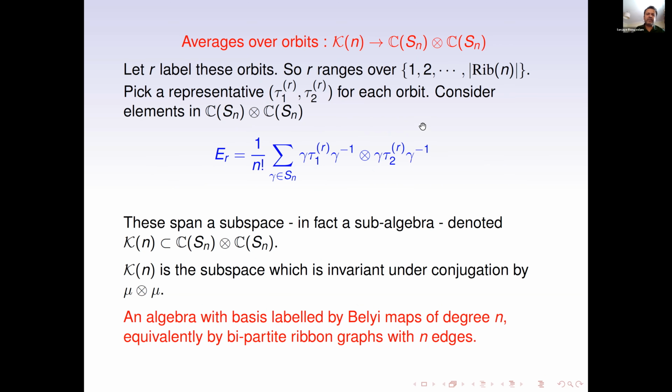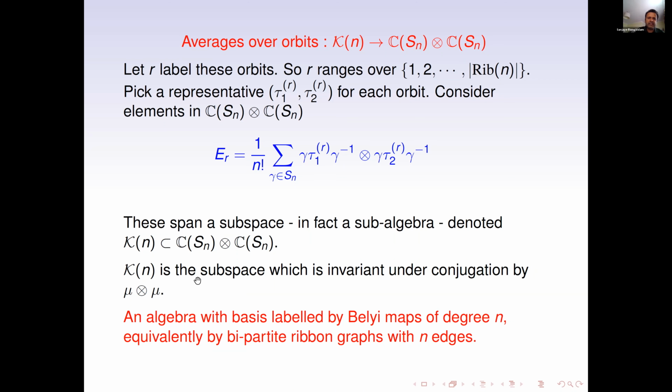And for each equivalence class, you can pick a representative and perform the sum over these diagonal conjugations, which produces certain averages over the group. These averages are elements in C of Sn tensor C of Sn, which are invariant under diagonal conjugation.